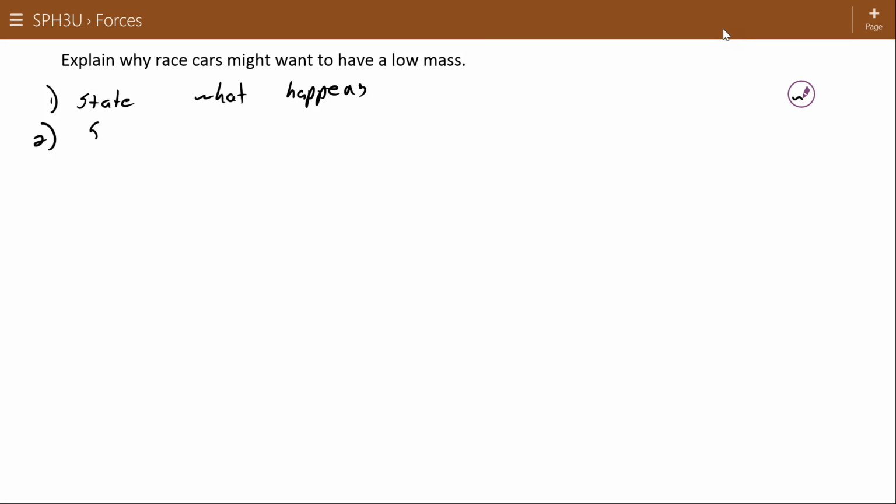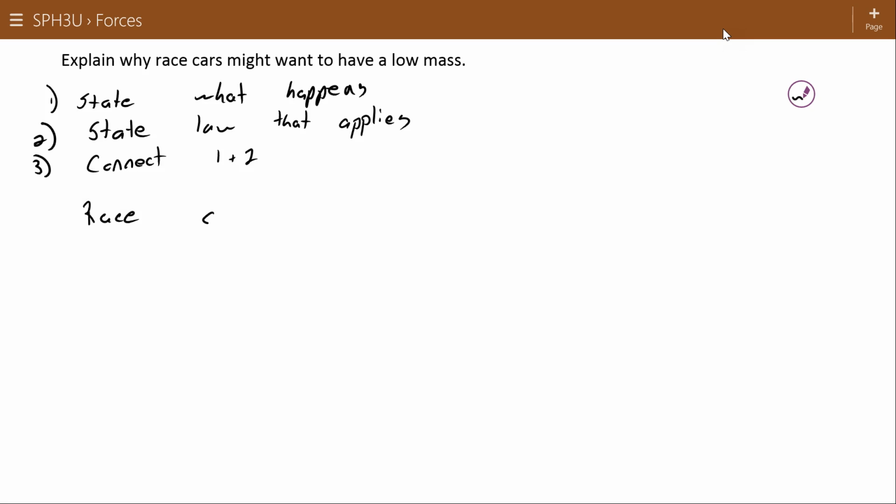Two, state the law that applies. And 3, connect 1 and 2. So explain why race cars might want to have a low mass.